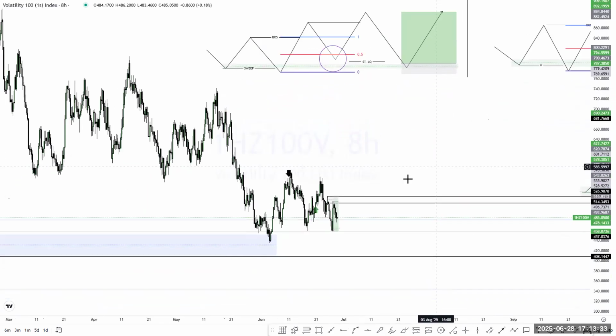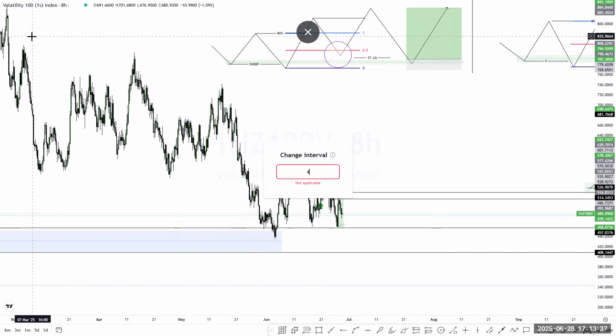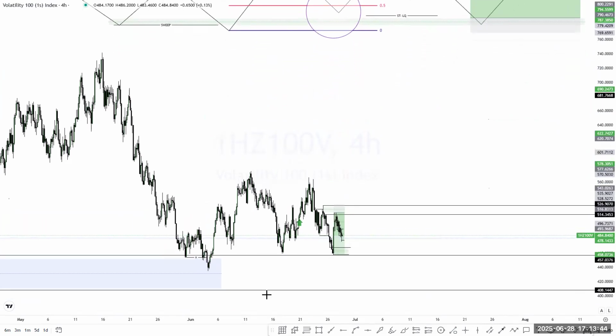So let's go to the forward time frame to see if we can have more clarity. If we go to the forward time frame, you can have more clarity on what I'm showing you. So this is how you do your top-down analysis. Now this was when price tapped to this guy here on the forward time frame. So what do we have here? You identify your sweep. You have your sweep.